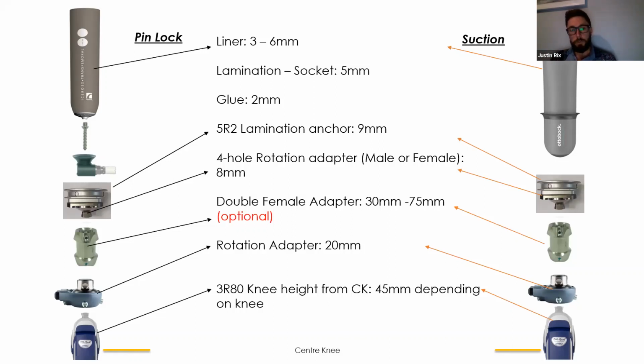Ideally, we are looking for a minimum length below the end of the stump to the center of the knee, roughly about 10 to 15 centimeters. Just to take an example, for this particular knee, from the knee center to the top of the pyramid, we're looking at about 45 millimeters. We then, if we can fit in a rotation adapter, that's another 20 millimeters.